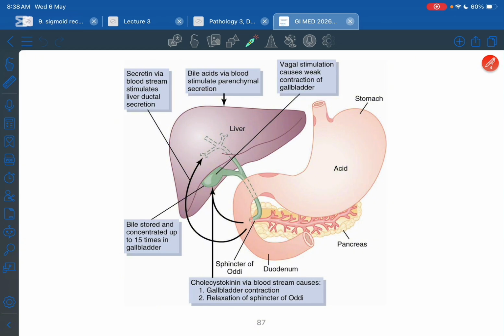Some of them will be lost through the intestine. In the terminal area, these bile salts are reabsorbed back through portal circulation back to the liver. Now this circuit of bile salts, we call it enterohepatic circulation.